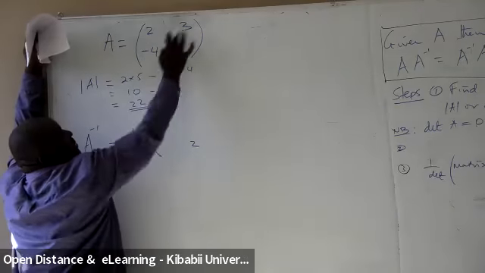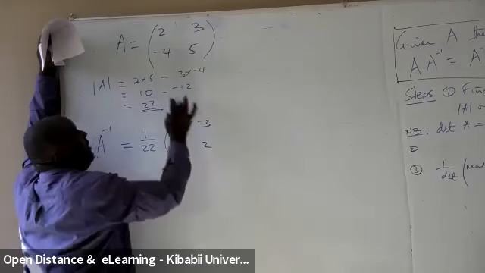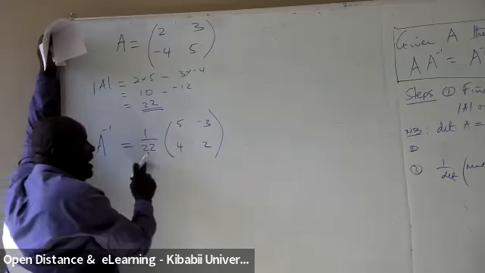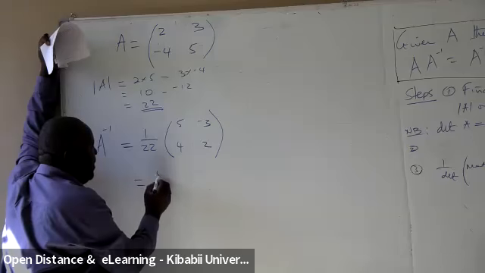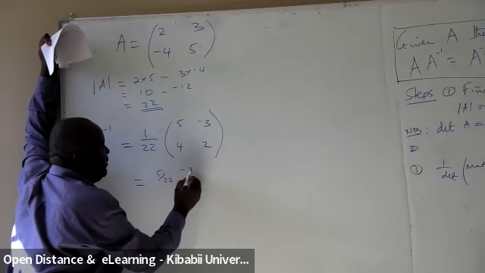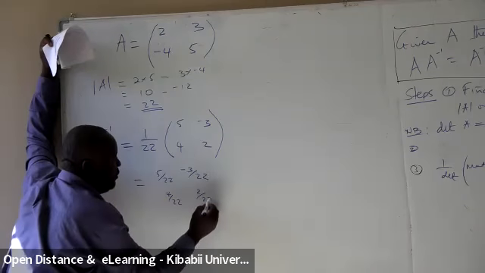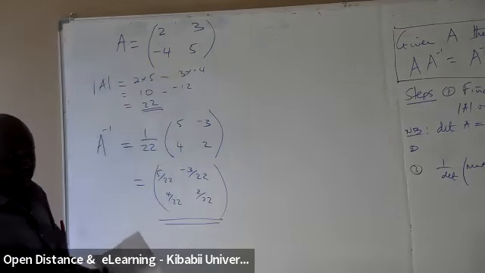Then change the signs of the elements in the other diagonal. This is positive 3, so it will be negative 3, and the other will be 4. So with this multiplication, this will give you the inverse: 5/22, negative 3/22, 4/22, and then 2/22. And this is what we find for the inverse.